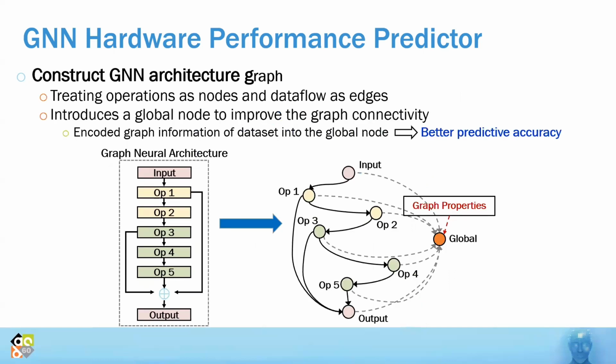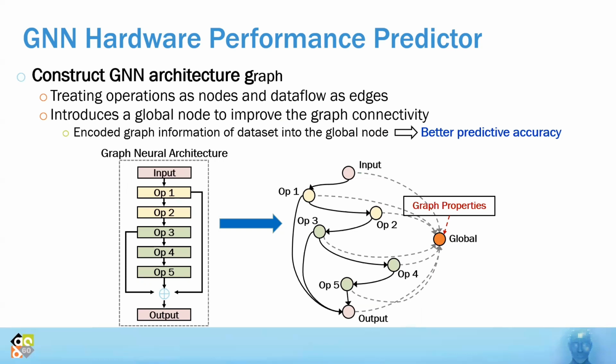HGNAS abstracts GNN architecture into dedicated graphs as the input of the GNN predictor. The nodes in this architecture graph represent inputs, outputs, and operations, while the edges represent the data flow within the GNN.